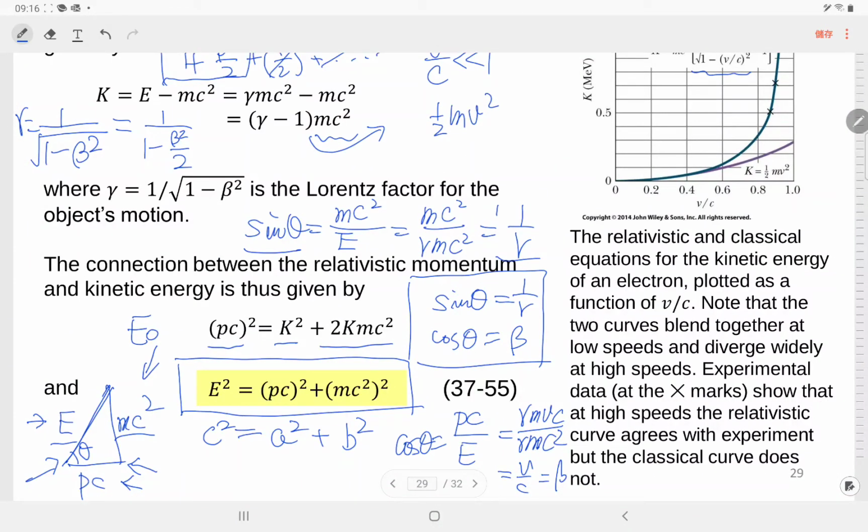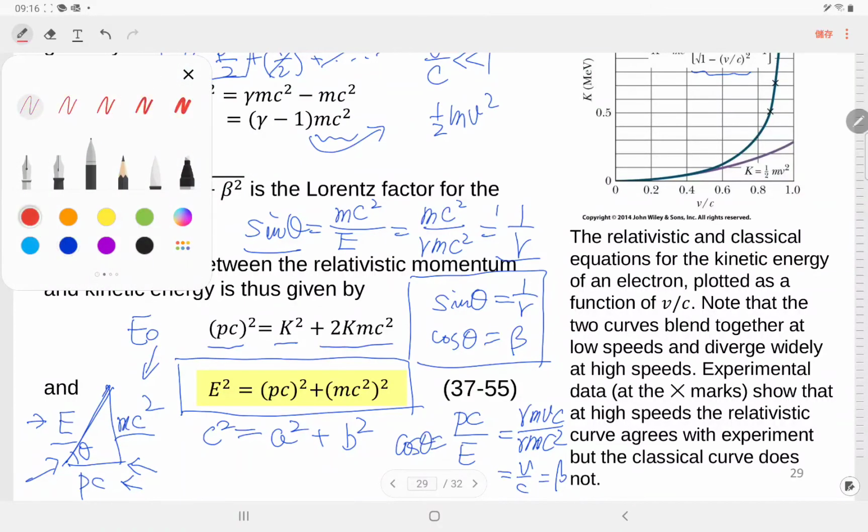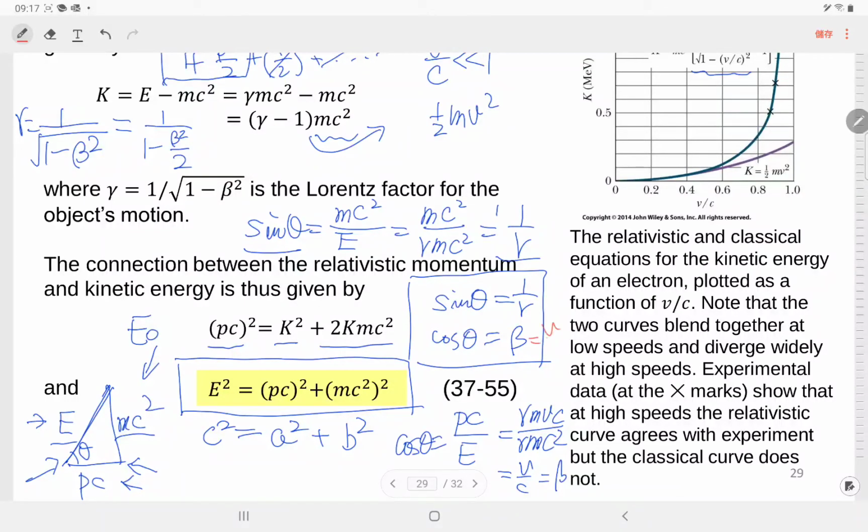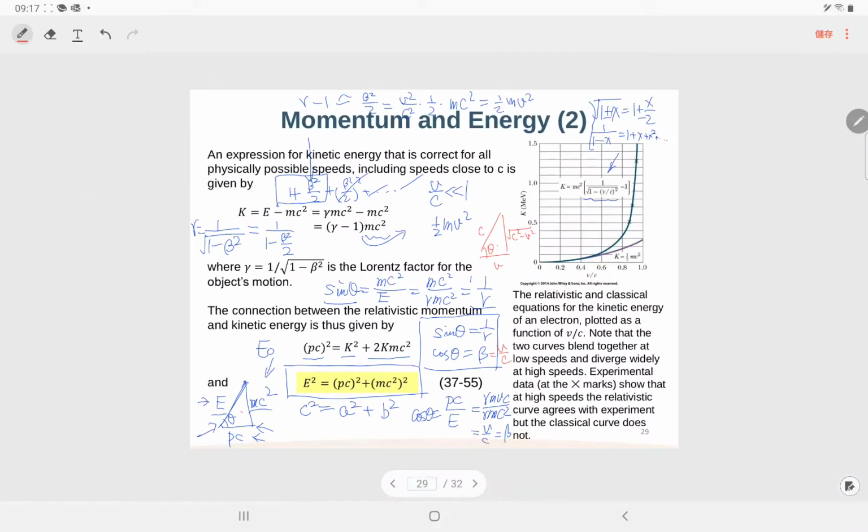And beta is actually V over C. Which means that for that triangle, this is theta, and this is V, this is C. These two triangles are similar to each other. So this side should be the square root of C squared minus E squared, something like that. Okay.